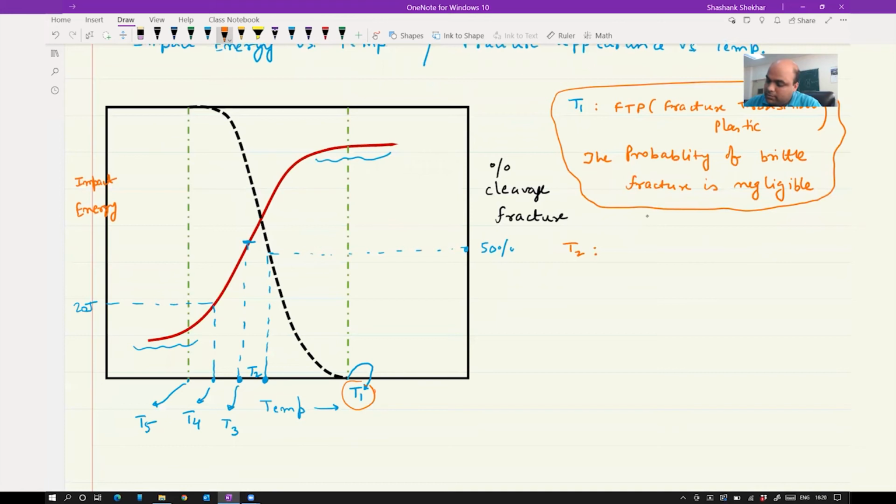It is the temperature at which you are going to observe 50% cleavage and 50% shear. So ductile and brittle type behavior. Okay, and this temperature is called FATT, which is fracture appearance transition temperature.